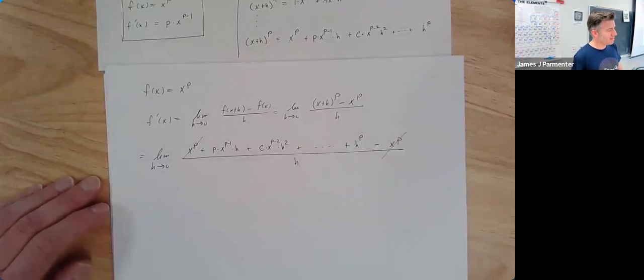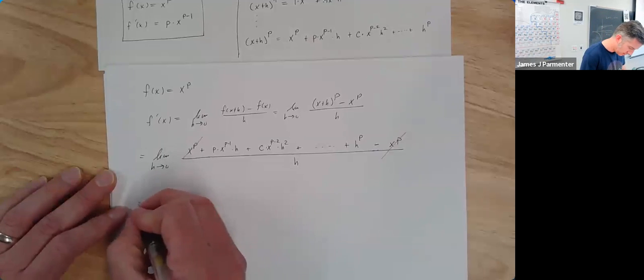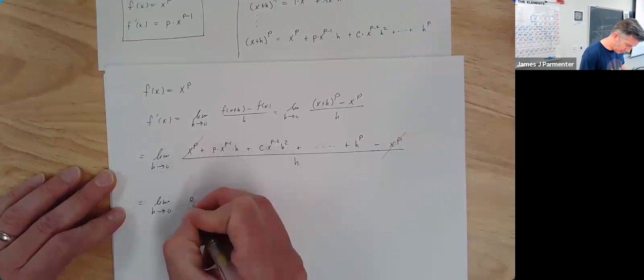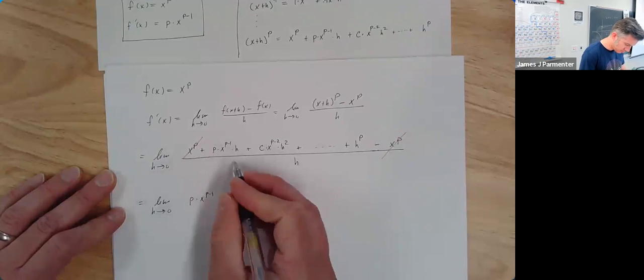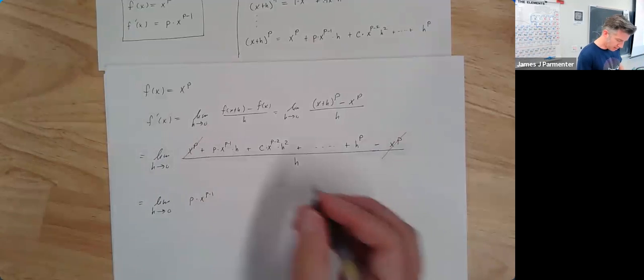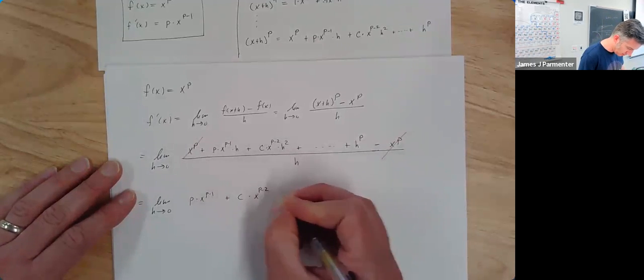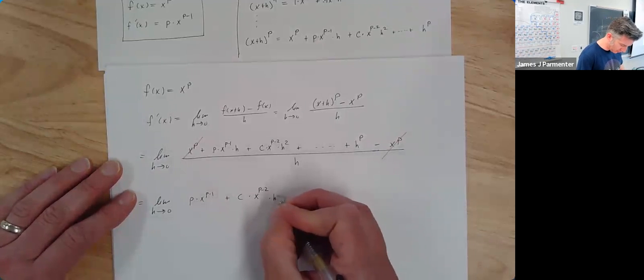So let's divide everything left by h. If I divide everything left by h, I get p times x to the p minus 1, since h divided by h is 1. In the next term, some constant times x to the p minus 2, since h squared divided by h is h to the first.